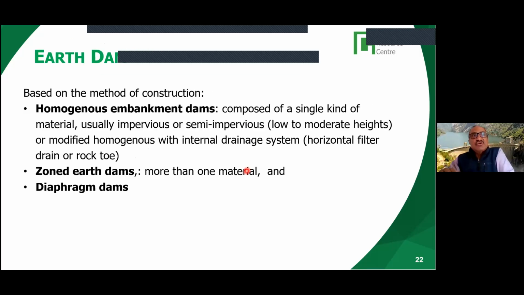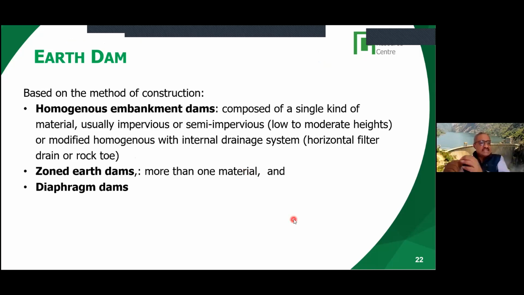And based on the method of construction, you have what is known as the homogeneous embankment dams. Basically, these earthen dams are composed of a single kind of material, usually impervious or semi-impervious, for low to moderate heights, or modified homogeneous with internal drainage system, horizontal filter drain, or rock toe.